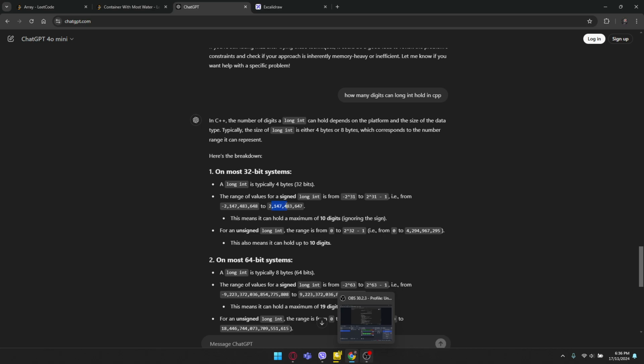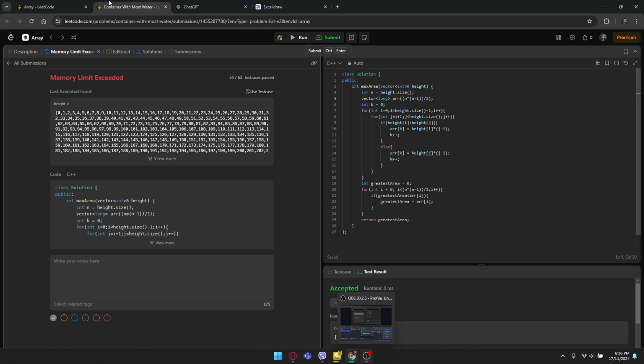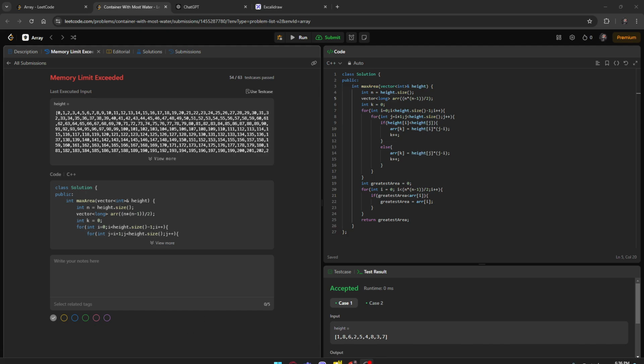It can hold 2 million, so it can hold 6 digits. That's not the issue. What is this?